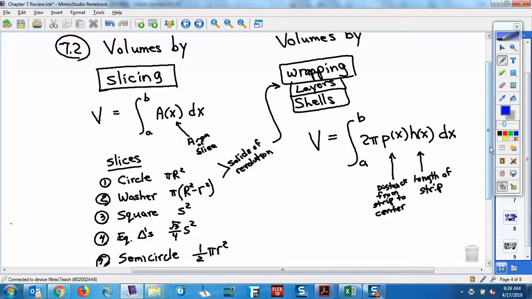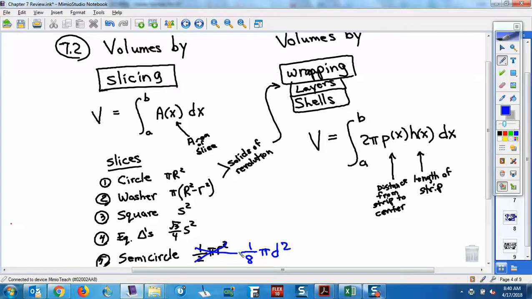And then what other slices could we have? We could have a base region, and we could have slices coming up off the page. So we could have squares, equilateral triangles, or semicircles. Now, that's not the formula we used for semicircles, was it? We changed that. What did we use? 1/8 pi d squared, right, was the formula we used.